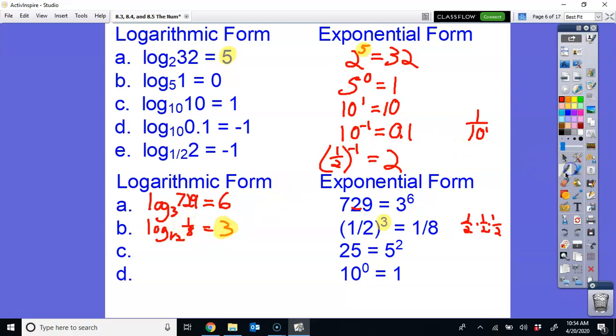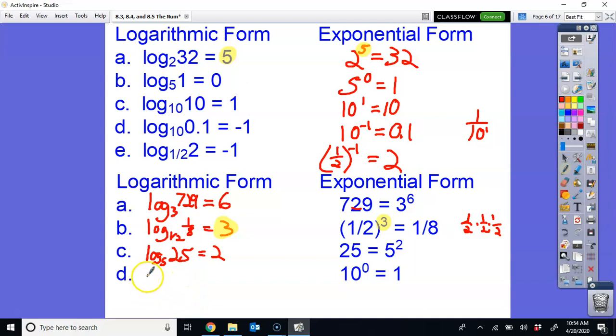So the next one, 5 squared is 25. Log base 5 of 25 is equal to 2. 5 squared equals 25. This base raised to this exponent equals this number. I told you I was going to say it about 9 million times. I know it's getting on your nerves, but I'm going to keep doing it.